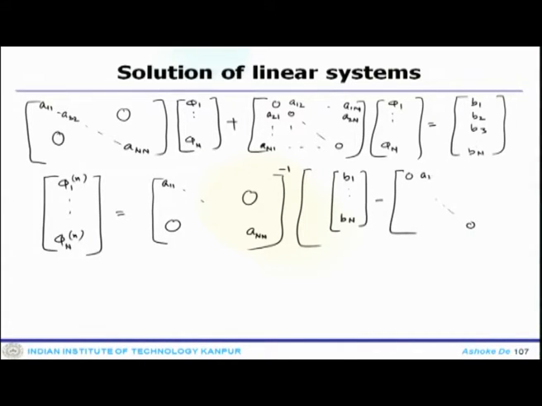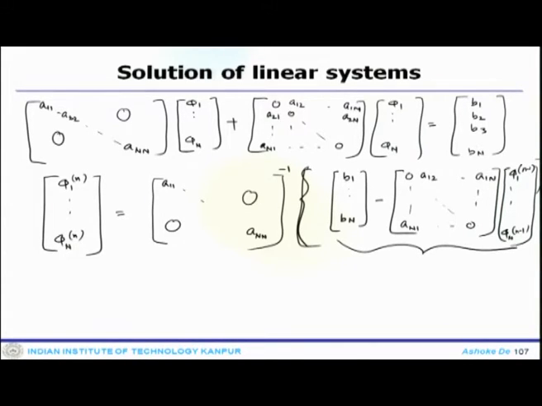This will be a12 to a1n, and this would be an1 and so on, multiplied with phi 1 to phi n minus 1. So that's the term. So the complete matrix is multiplied with this factor.